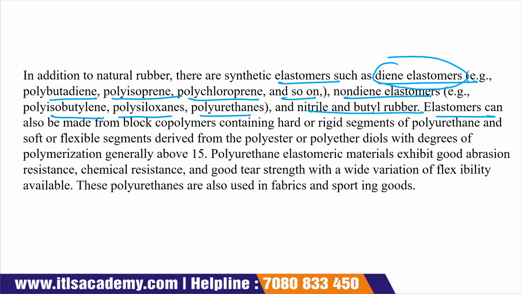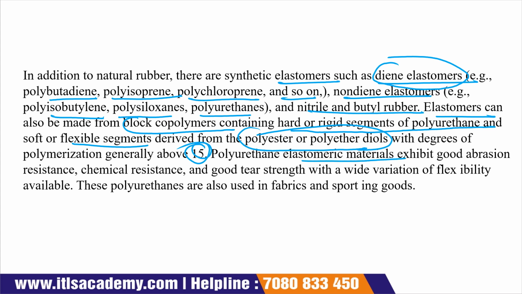Elastomers can be made from block copolymers which contain a hard or rigid segment of polyurethane and a soft or flexible segment which is derived from a polyester or a polyether diol with a degree of polymerization generally above 15.